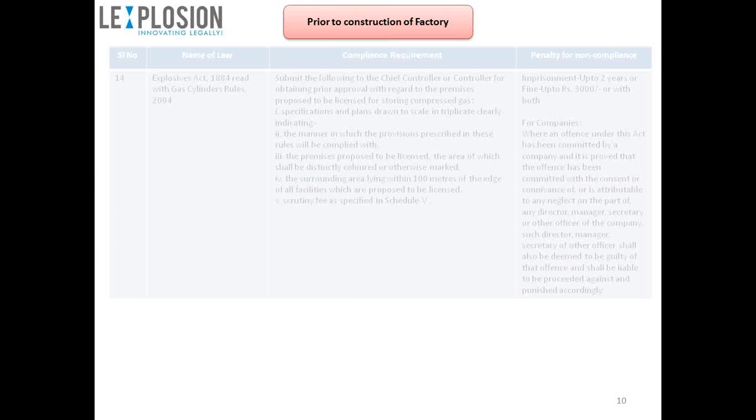This is the Explosives Act read with the Gas Cylinder Rules. If you're going to have any compressed gas in your premises, as a person who's running a factory, there could be a lot of implements, a lot of tools in the factory, which could, in one form or the other, be hazardous to personal safety.